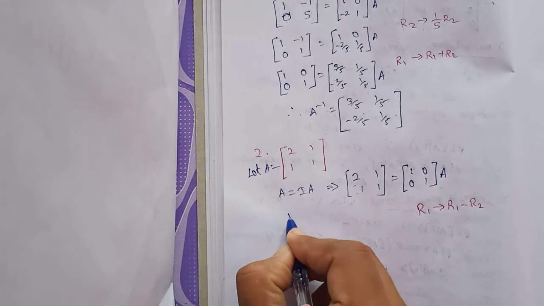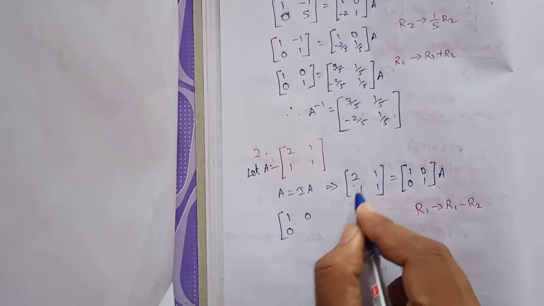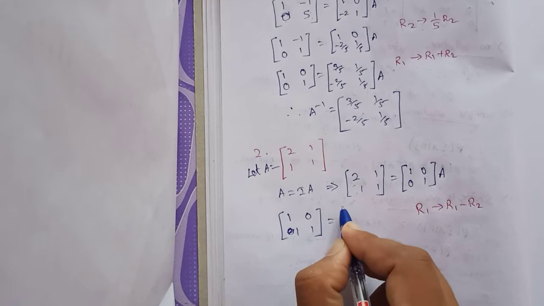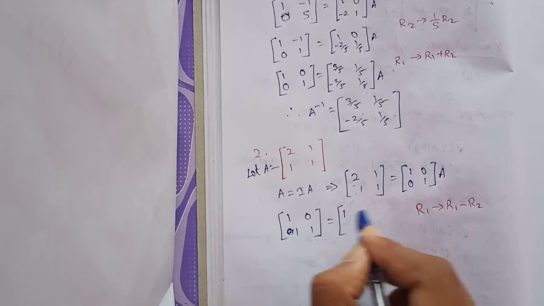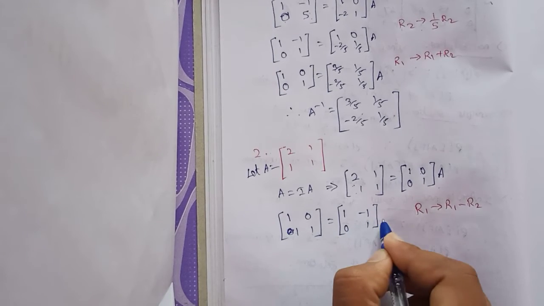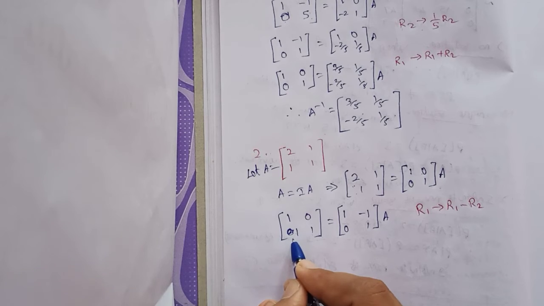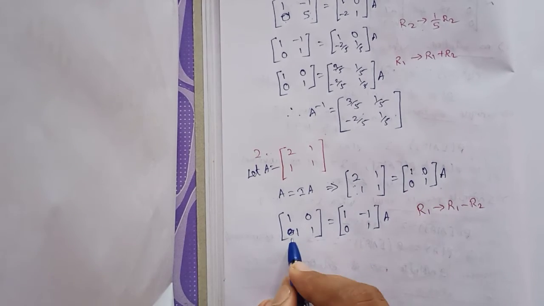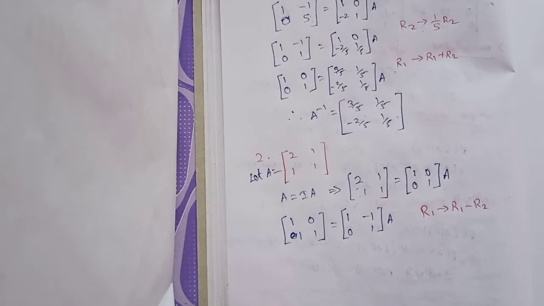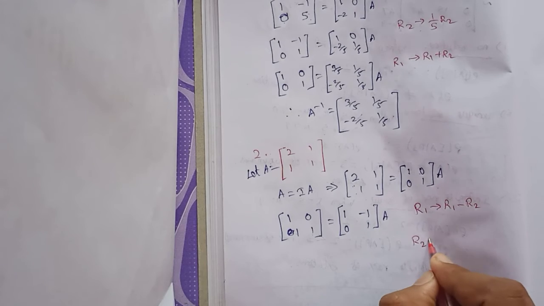So 2 minus 1, 1, 1 minus 1, 0. Second row no change, 1, 1, which is equal to 1 minus 0, 1, 0 minus 1, minus 1, 0, 1 into A. In the identity matrix, the second row first element is 0, so we subtract row 1 from row 2 and write down the result in the second row.